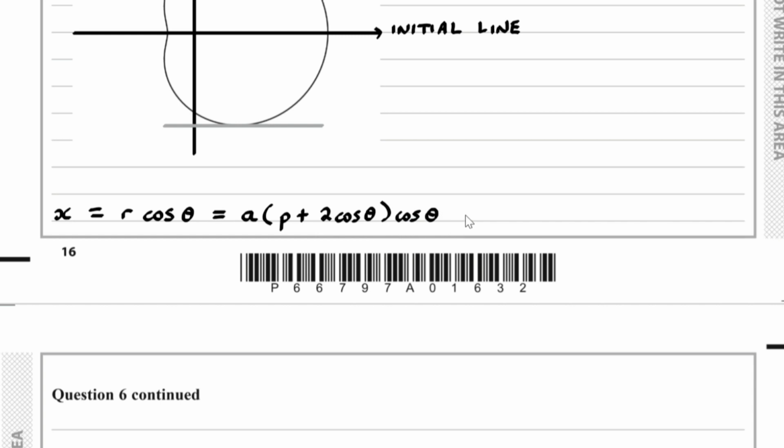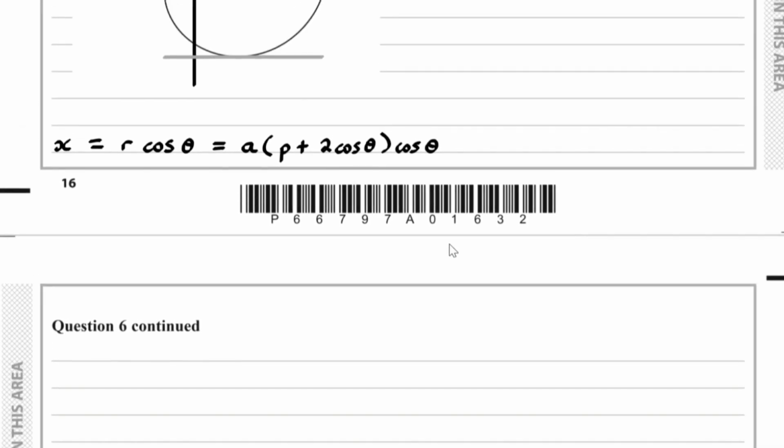And so what we can now do is find out what dx over d theta is. If we differentiate, well, we'll take an a outside, and then let's open up our brackets.